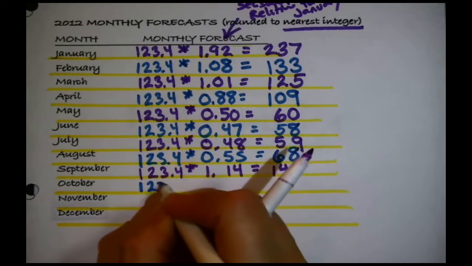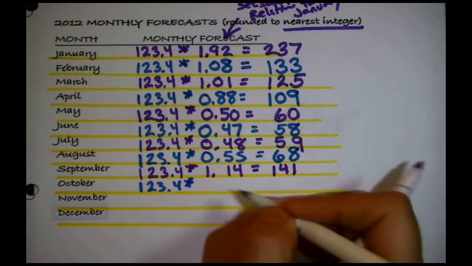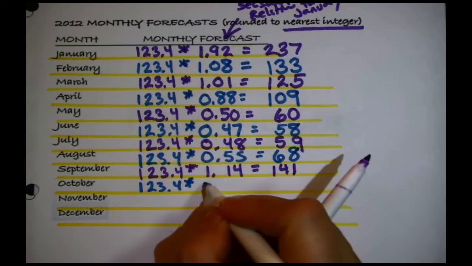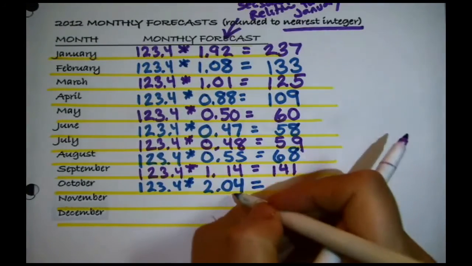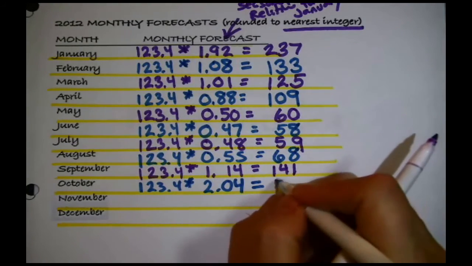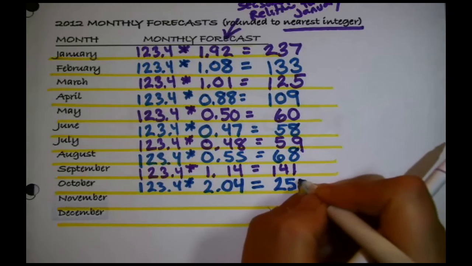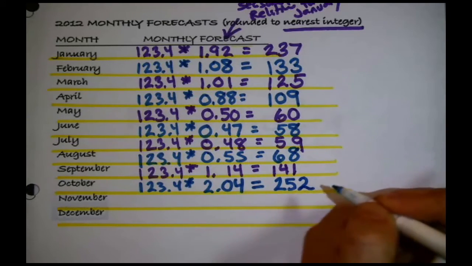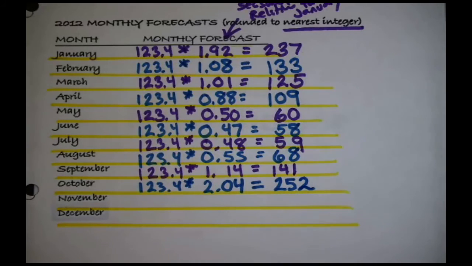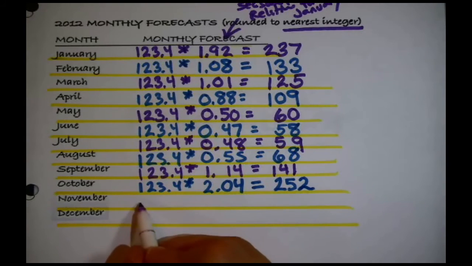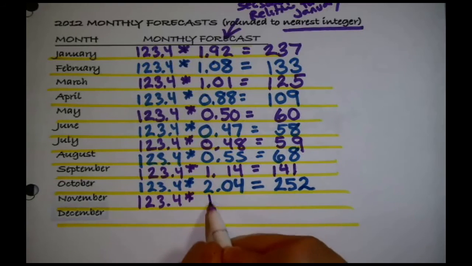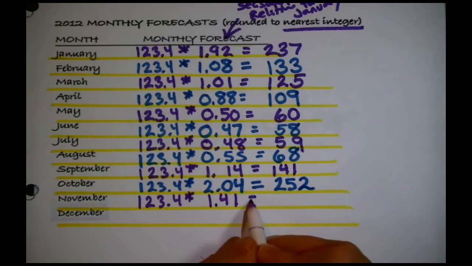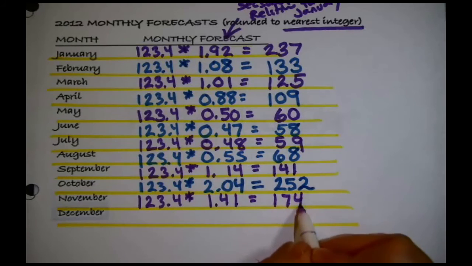October, 123.4 times the relative for October, which was the biggest one of the whole set when we found this original set, 2.04. We are forecasting a very busy month, 252 van transports in October alone. In November, 123.4 times the relative for November was 1.41, so 174 will be our forecast.